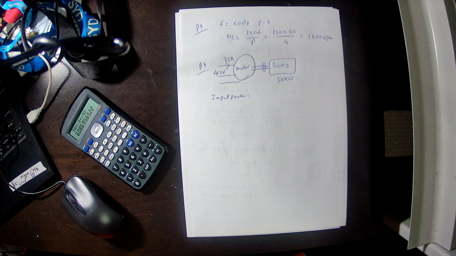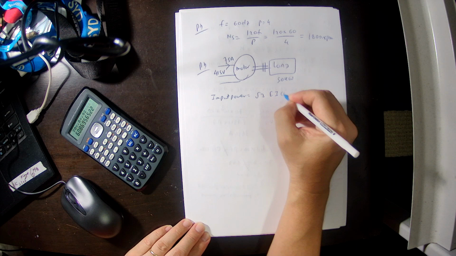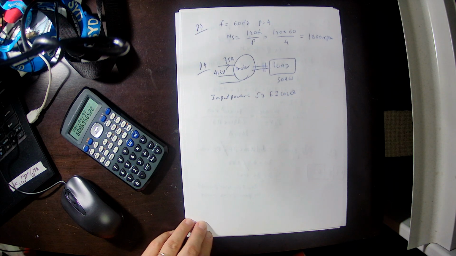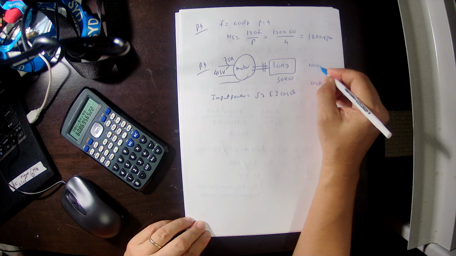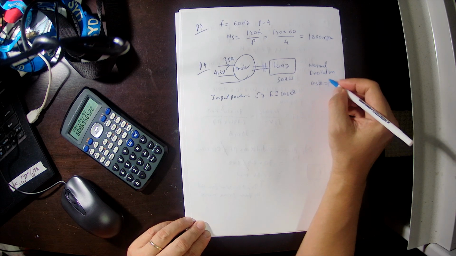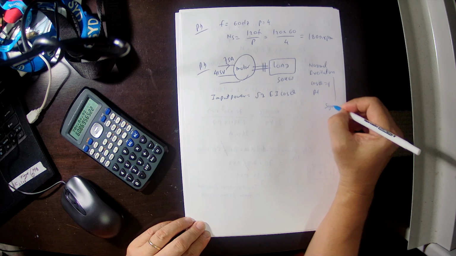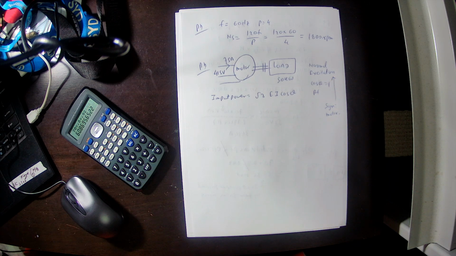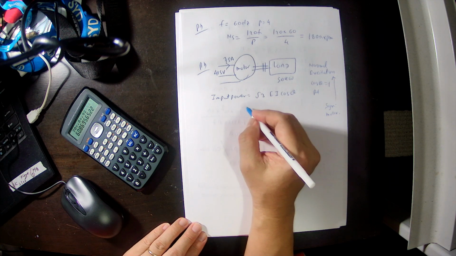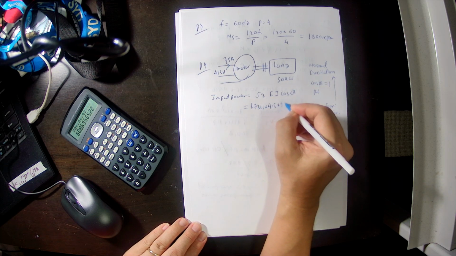Another thing is the normal excitation. So input power is root 3 E I cos theta. This is the equation. But cos theta is 1 because of the normal excitation. For the synchronous motor with normal excitation, power factor is 1. Therefore, we can now calculate the input power: 1.7321 multiplied by 415, current is 75, and power factor is 1.